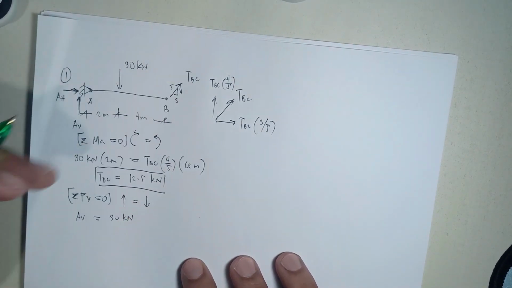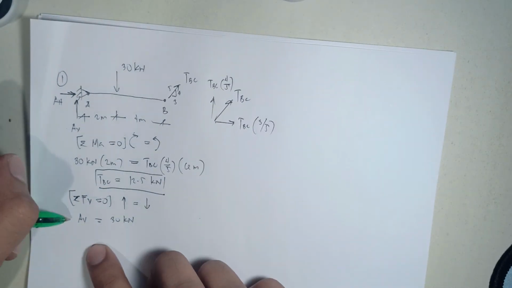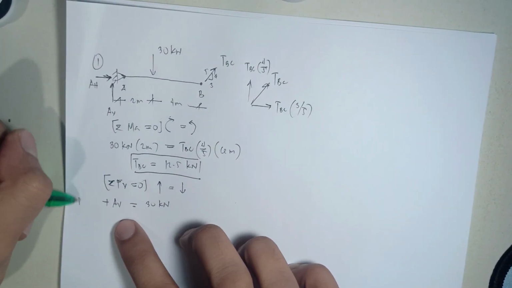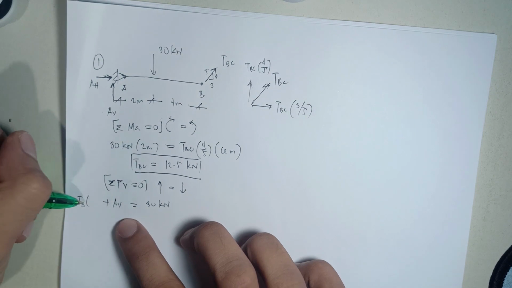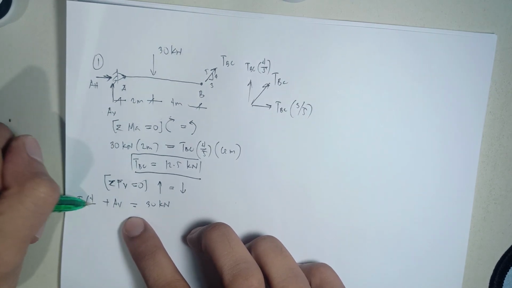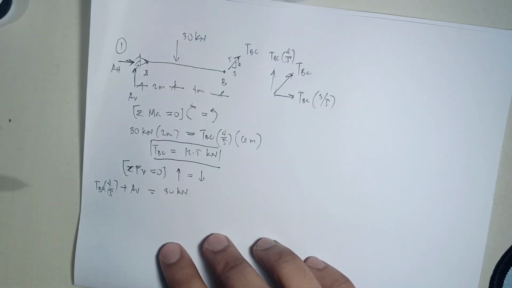Ay, hindi. Yung TBC, vertical component niya is pataas. So, sa kabila dapat yung TBC, TBC times 4 over 5.